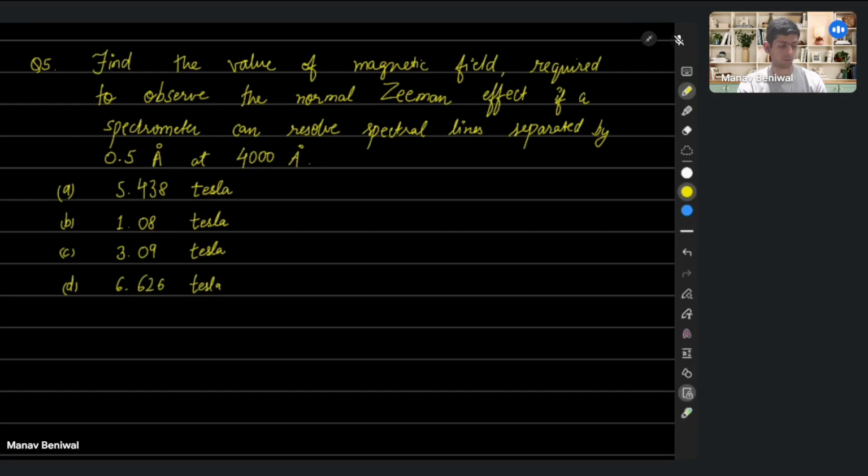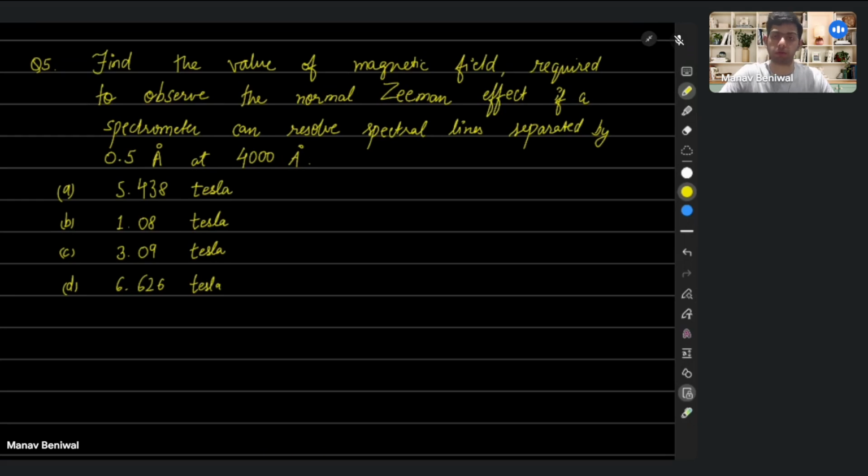Okay, so another problem based on the Zeeman effect, very similar to the last one. In the last one, what we were asked was to calculate the delta lambda, which is the separation in the split wavelengths when we applied a magnetic field of 0.5 Tesla.